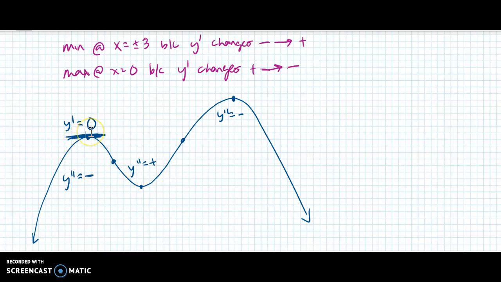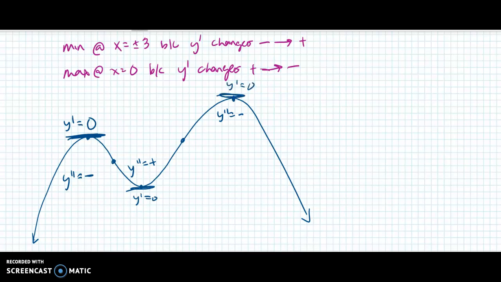So I want to use concavity visually to say, if I have this type of concavity and this thing going on with the first derivative, then I know I'm going to get a max, or I know I'm going to get a min. So here, notice at my min, y prime is equal to 0 as well, and here at the max, y prime is equal to 0.